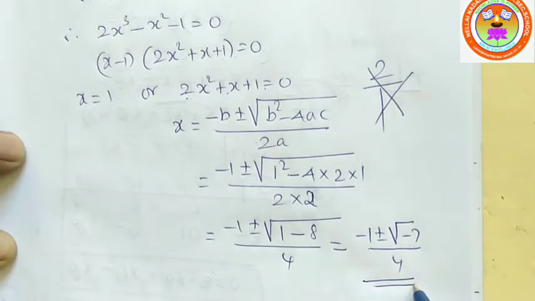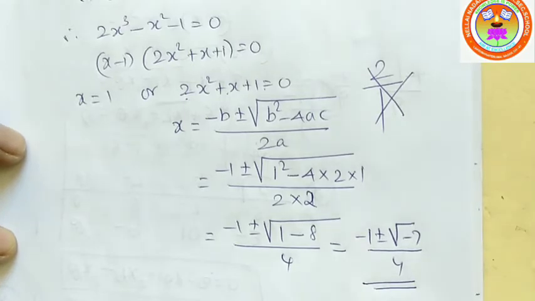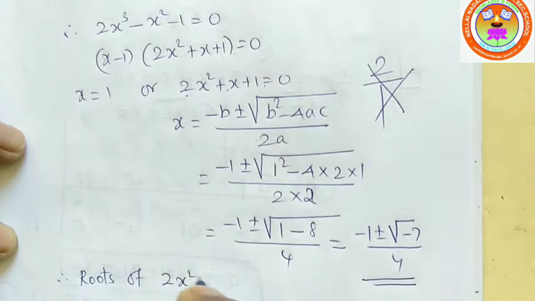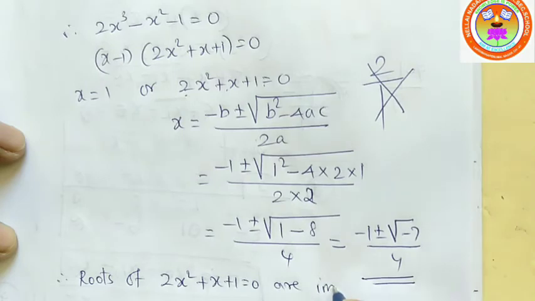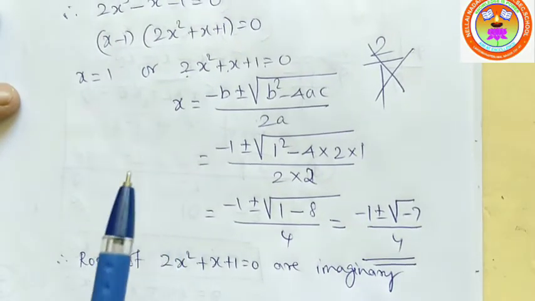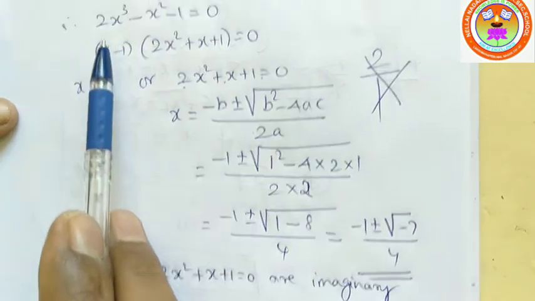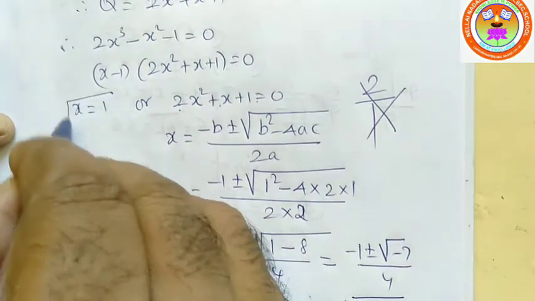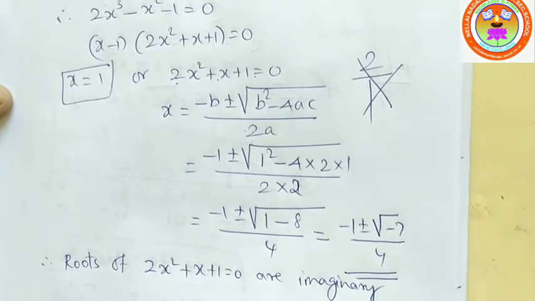Right? Therefore, the roots of 2x square plus x plus 1 equal to 0 are imaginary. The degree of the given equation is 3, so it has 3 roots. One root we already got, that is x is equal to 1.